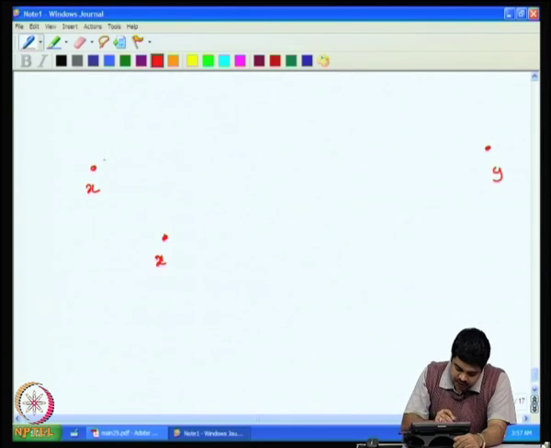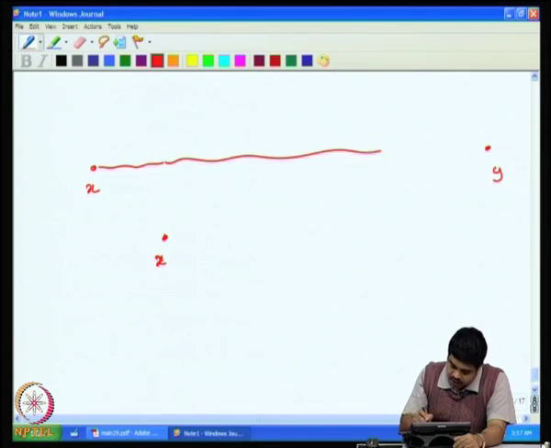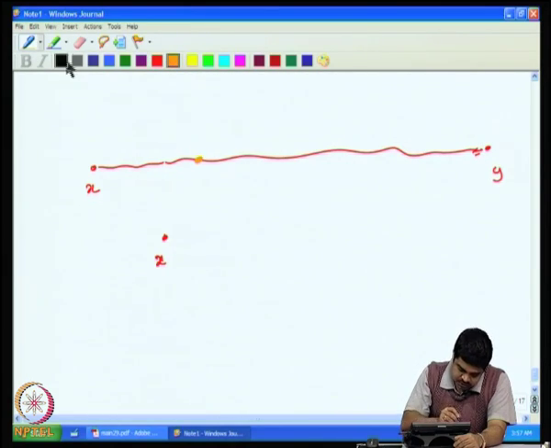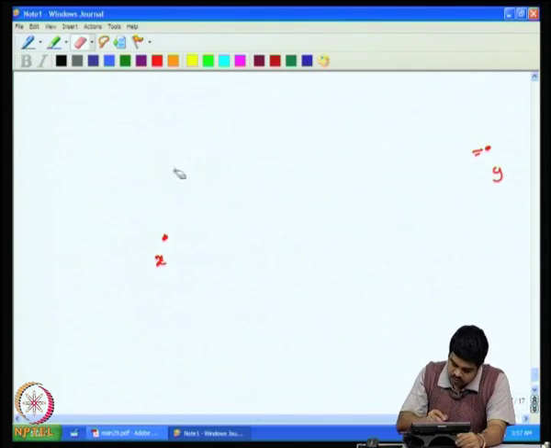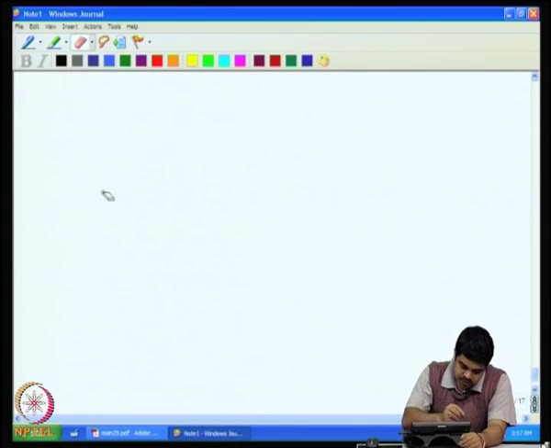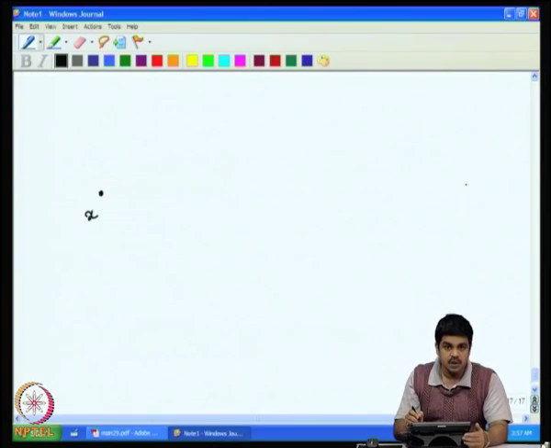Remember that we had this path, and we had marked certain orange vertices. Let us draw the path using black, and we had marked again. So, we had drawn the path where this is x and this is y.